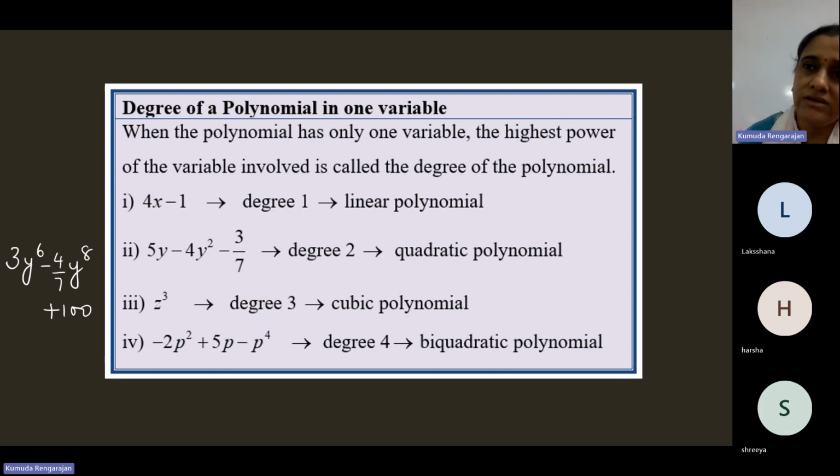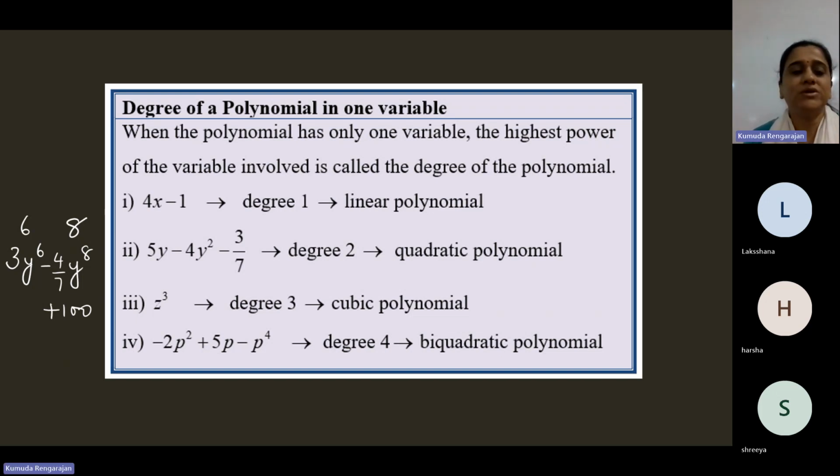What's the power of y? 6. In the second term, the variable is y again. What's the power of y? 8. In the third term, do you see any variable there? No. If there's no variable, ignore it.